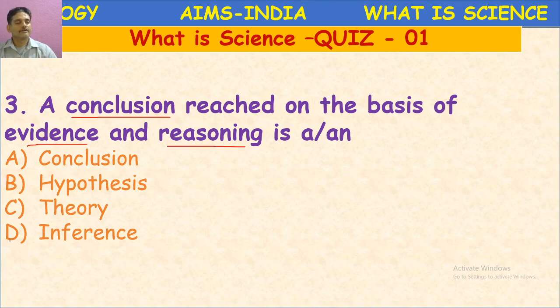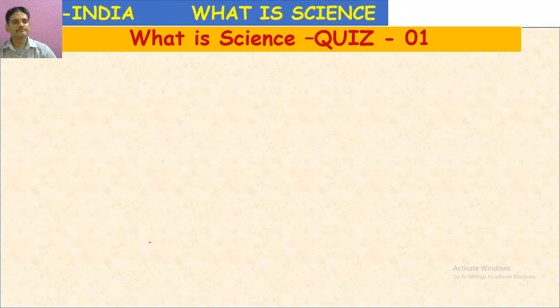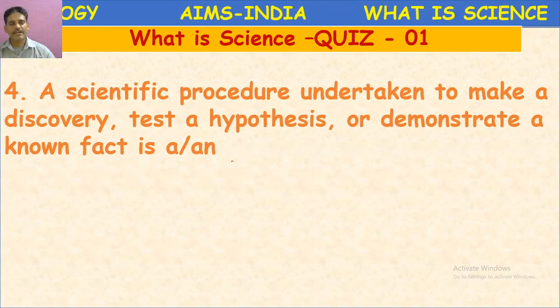Okay, it is called inference. Okay, some of you answered D, inference. Good. Keep answering whether it is right or wrong. First, initiation, attempting is very important, and you have to rectify that answer if it is wrong.